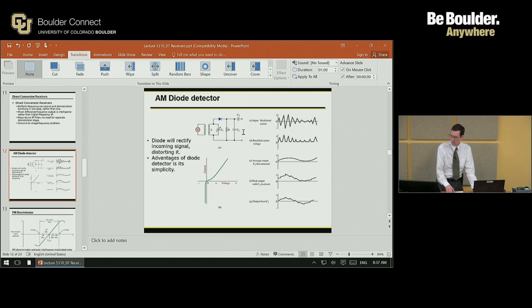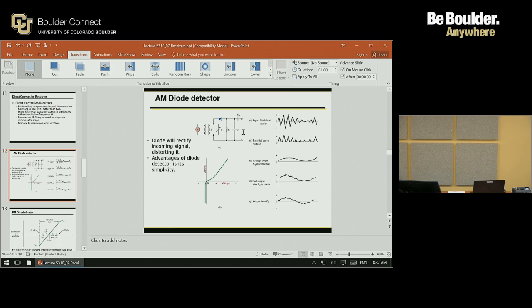I showed this slide in an earlier lecture. This is a diode detector circuit for an AM radio. The antenna comes in here and goes through this inductor.